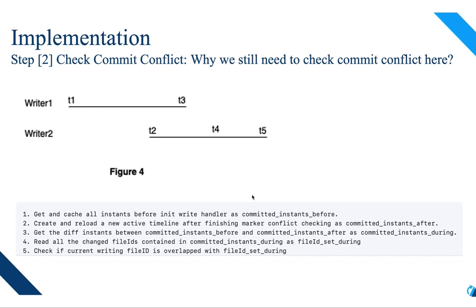Step 4, we read all the changed file IDs contained in committed instance during as file ID set during. Finally, we check if the current writing file ID overlaps with file ID set during.